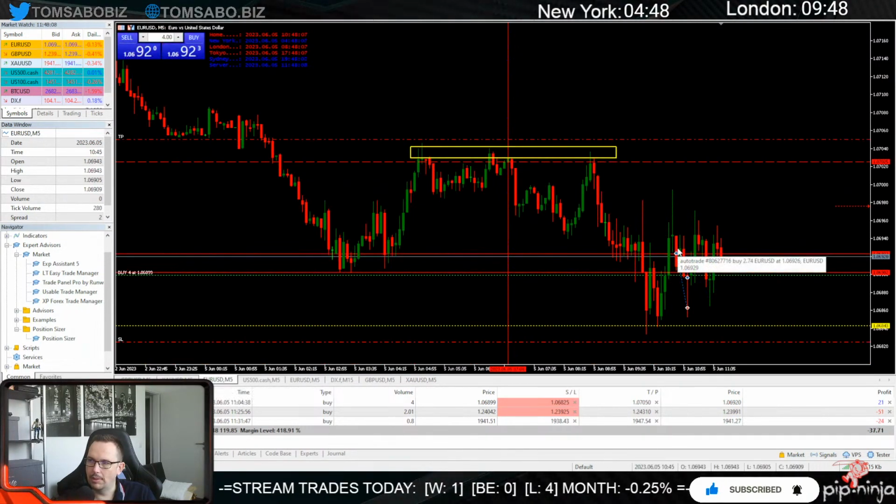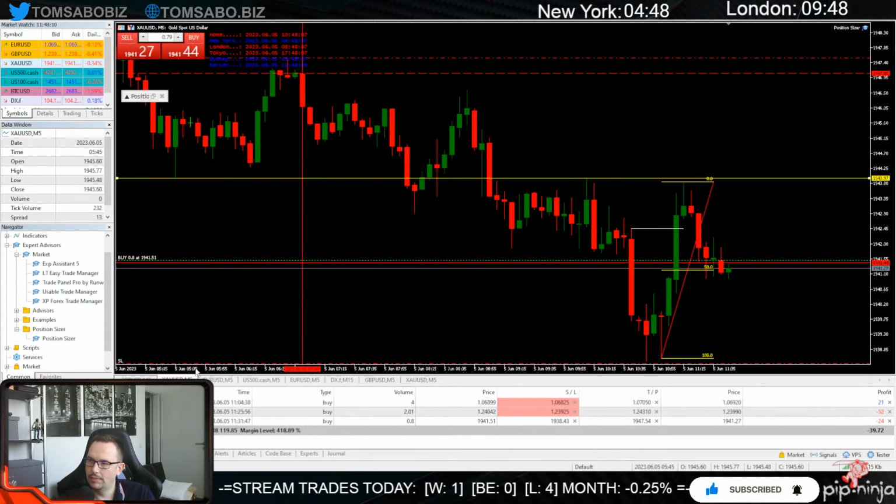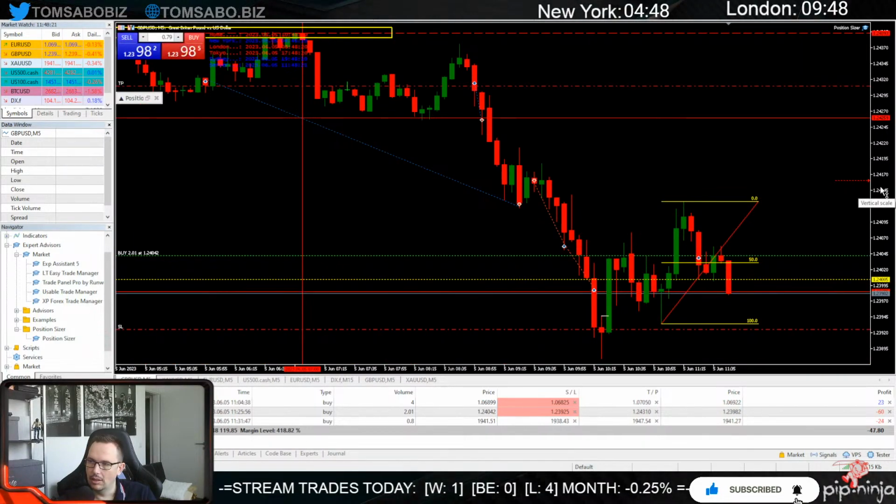This is getting choppy, real choppy. I might even consider exiting around these break-even levels from all these trades, but the pound definitely not looking good. It's gonna take us out.